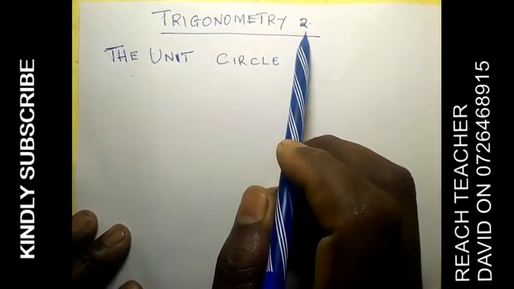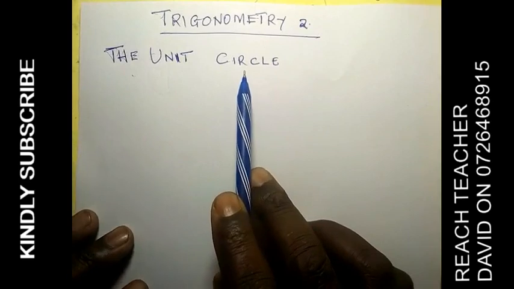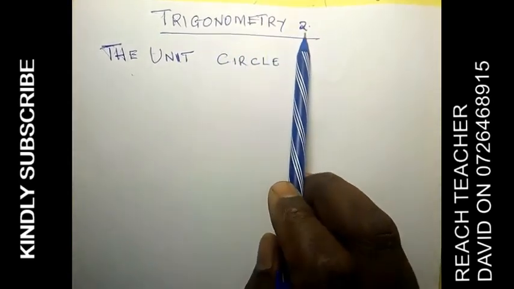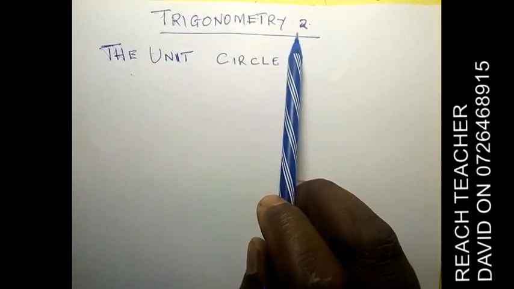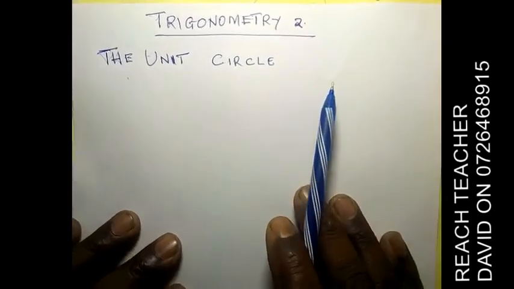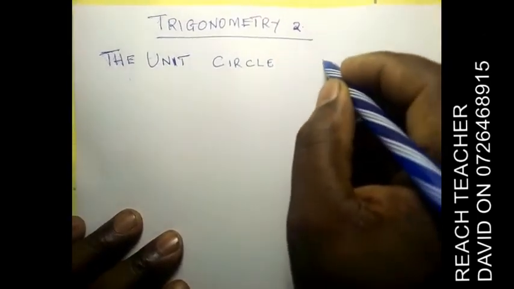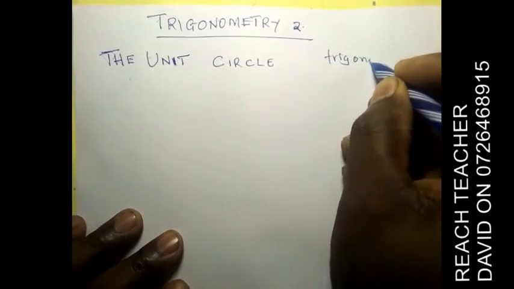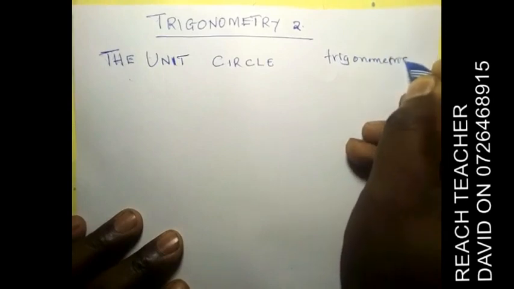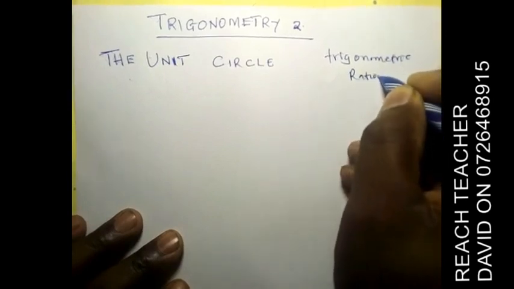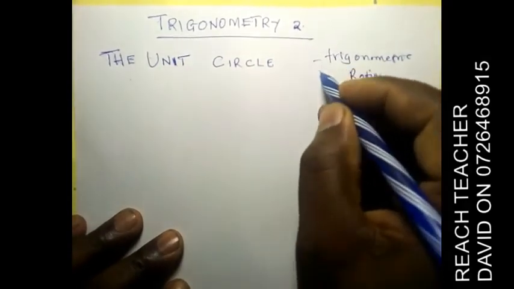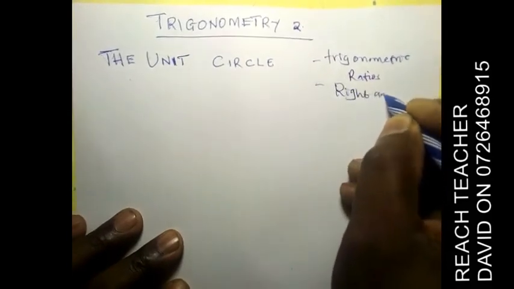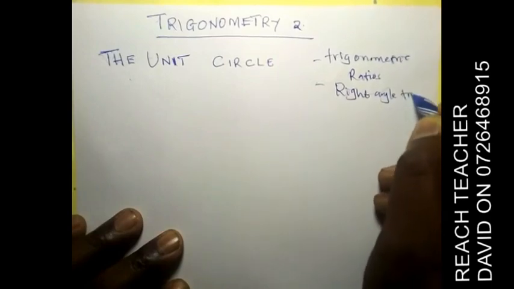We want to look at trigonometry 2. We did trigonometry 1 in form 2, and trigonometry 2 is in form 3. So in form 2, we learned about the trigonometric ratios, where we were using the right angled triangle.